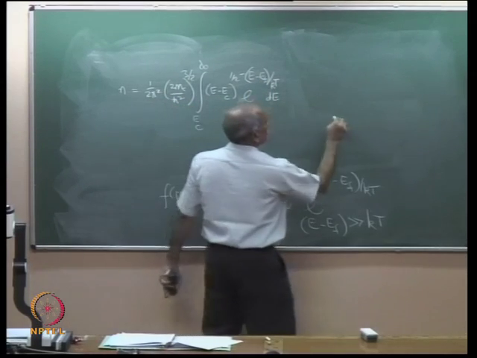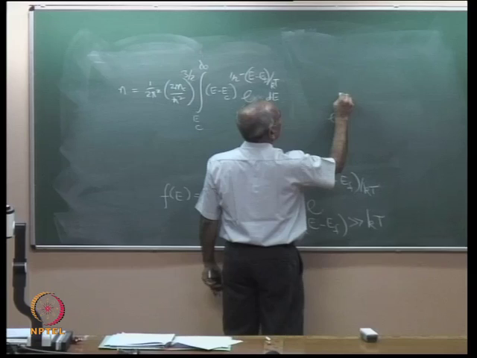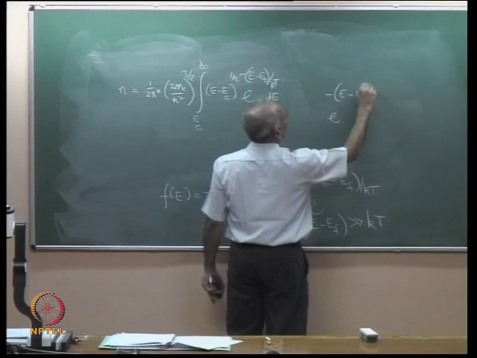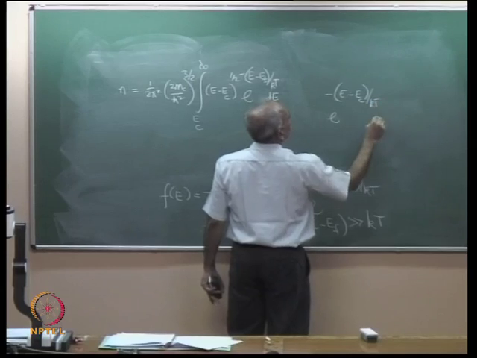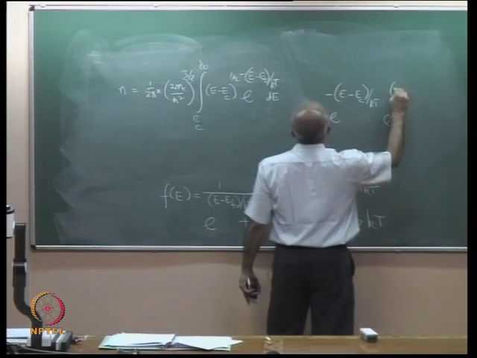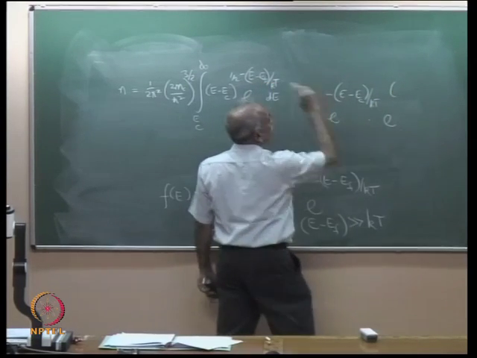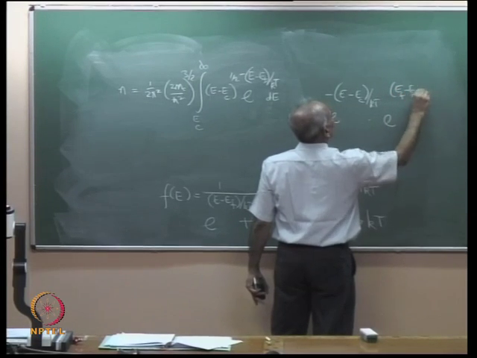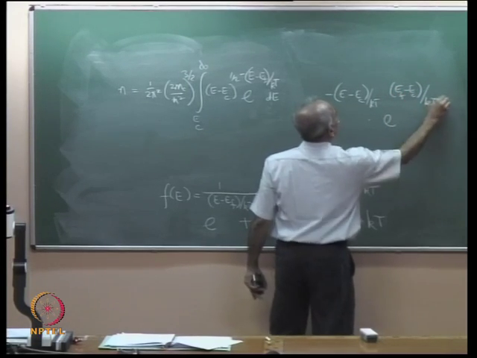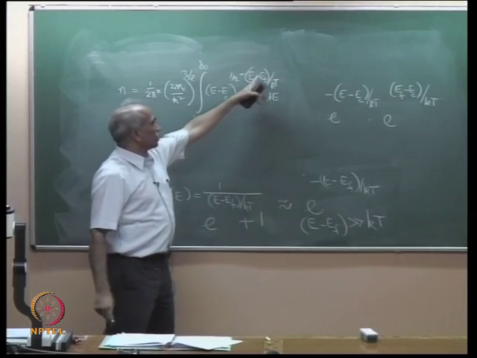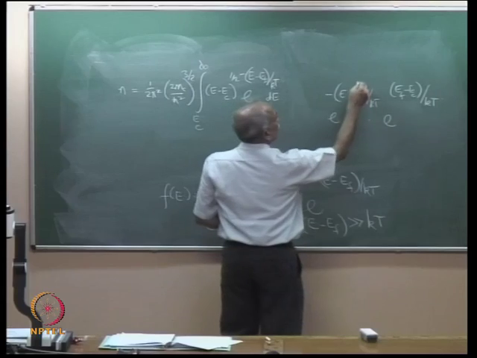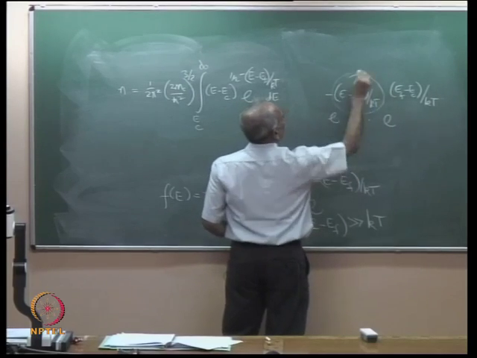So this will become E minus EC by KT into E minus EF minus EC by KT, added and subtracted for this term, and then we can put this as x.